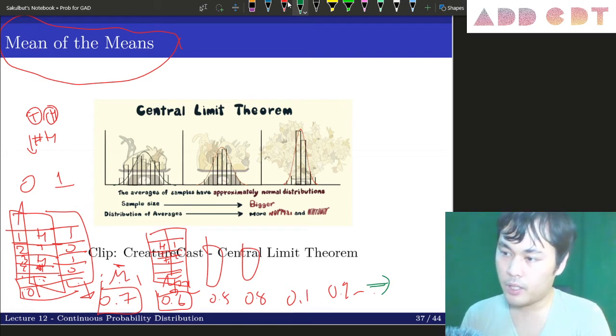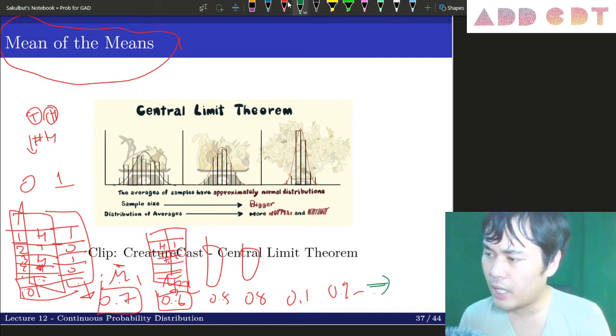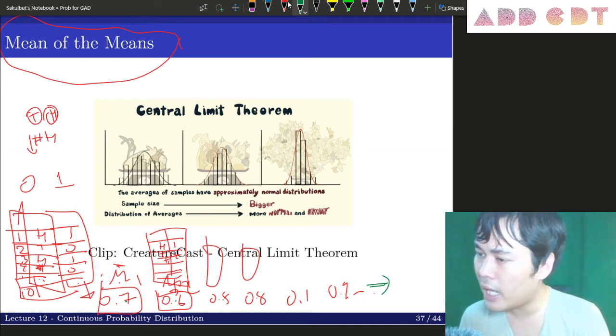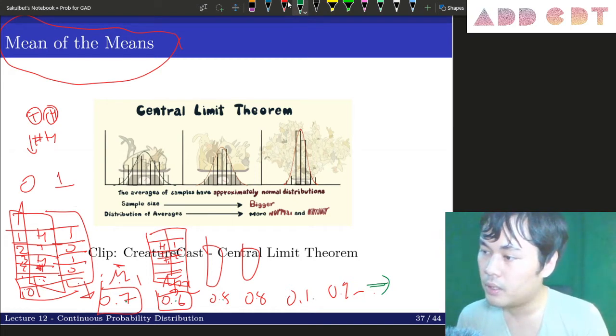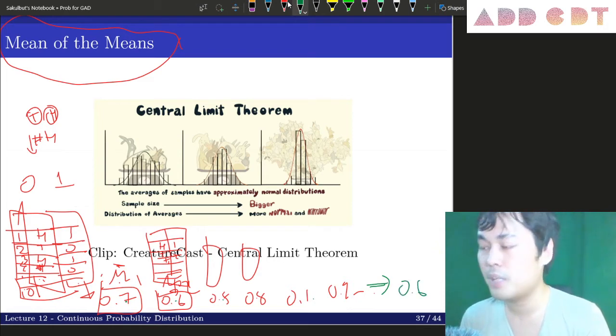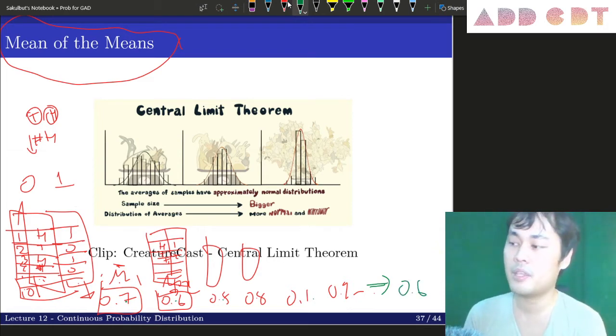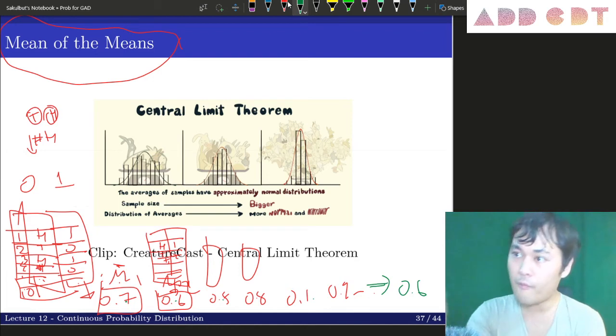Let's say that's 0.7, 0.6, 0.5. If we sum these things up, let's say that's 36 over 10, which is exactly 0.6. That's the mean of the means.